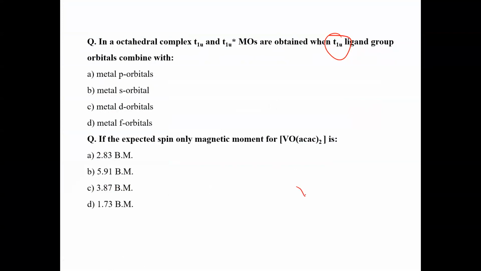It is a complex like this. So here the oxidation state will be plus 4.